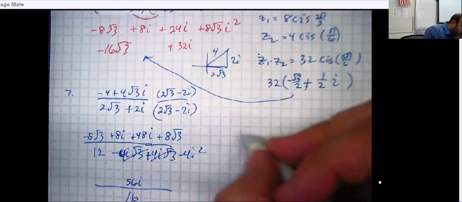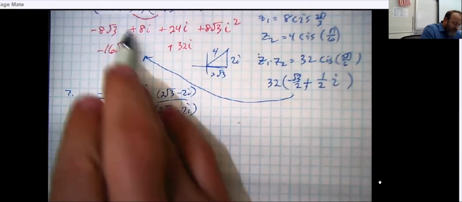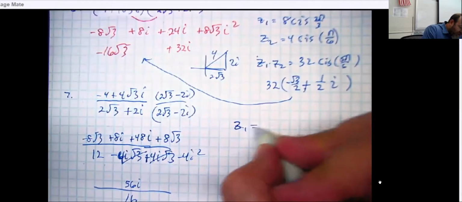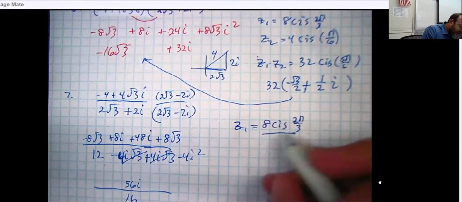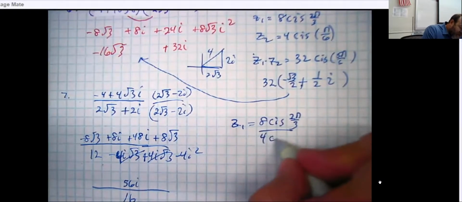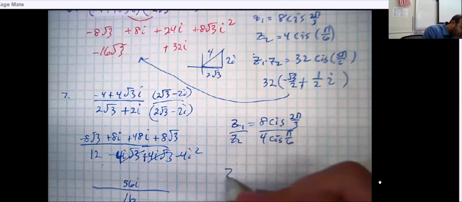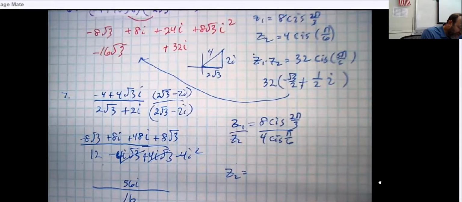But in the other version, if you go ahead and go with it, and again, I'm using the same values I have written above. If I consider Z1 as 8 cis 2 pi over 3, and I consider Z2 as 4 cis pi over 6, DeMoivre's theorem says to go ahead and take the two radii and divide them.